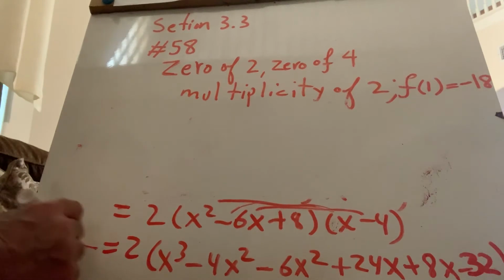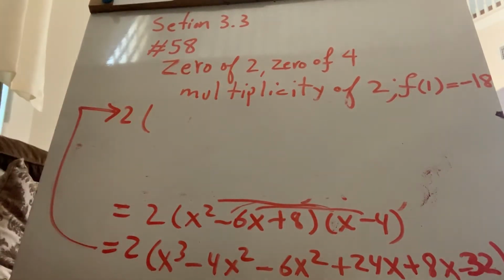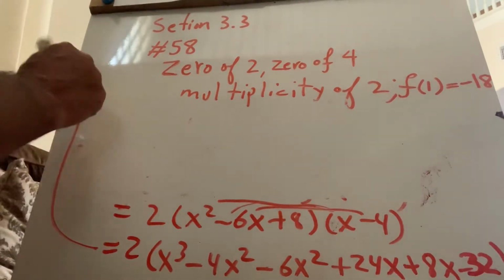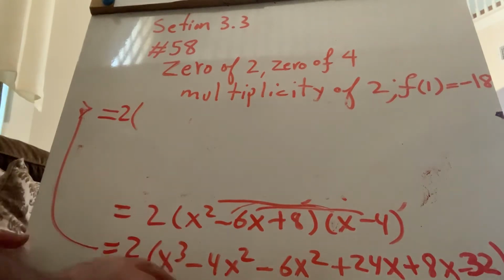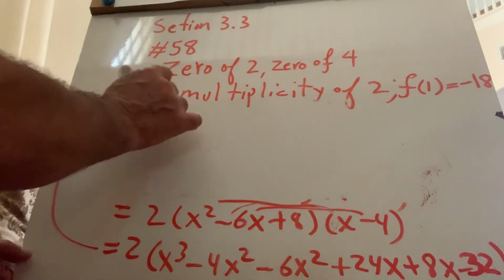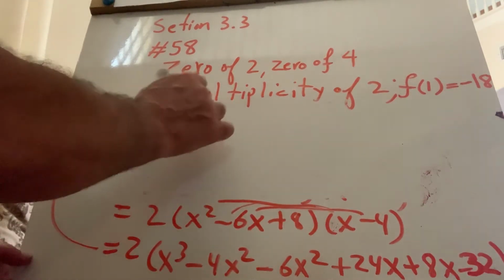So from here, we have 2 times, let me put my equal sign, x cubed, which is still going to be there. There's no other term with a cube. Negative 4x squared minus 6 more becomes negative 10x squared.